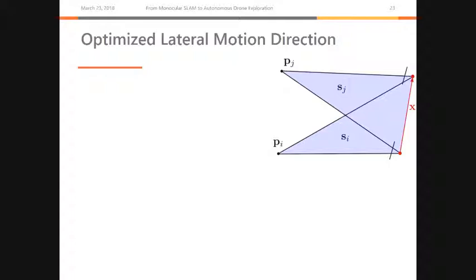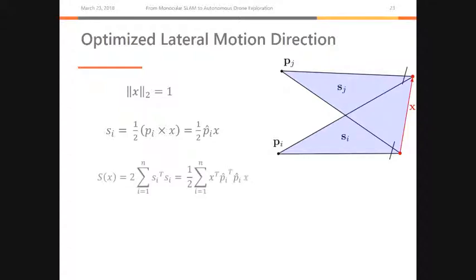To simplify it, at first they only consider the motion direction, so they remove the magnitude, and then they calculate this area like this. It's a cross product of the vector to the feature and the movement, and they write this as a skew-symmetric matrix, and then they sum all of them together.